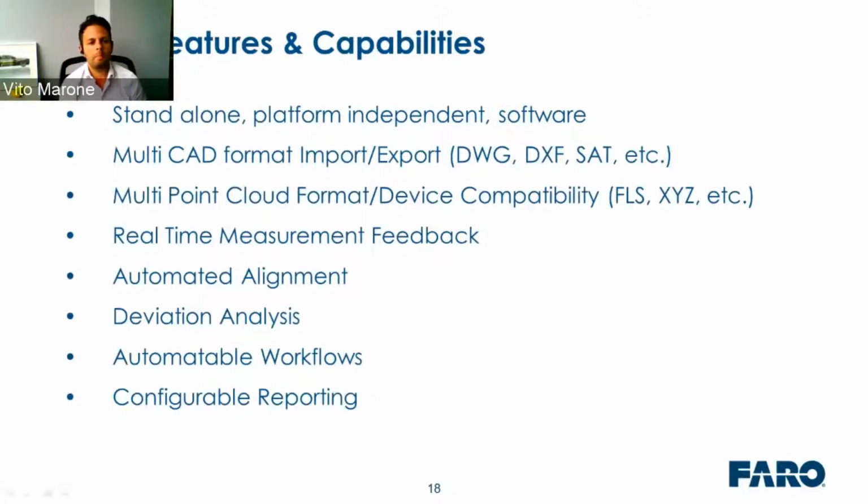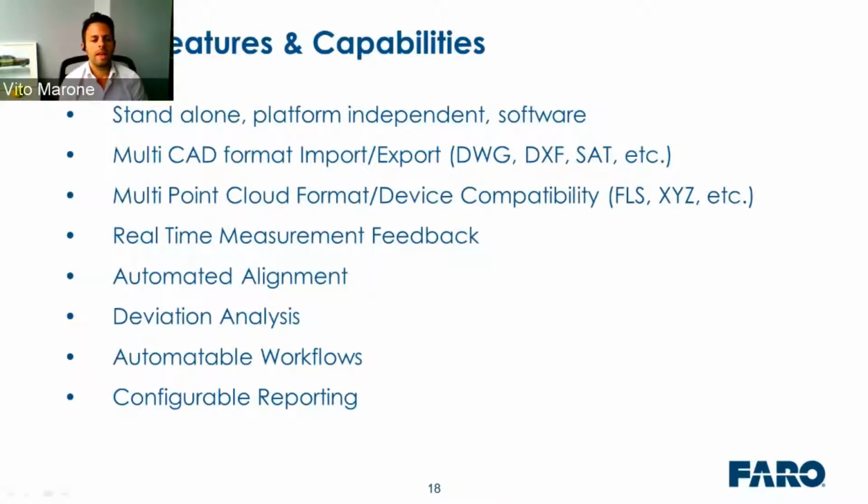In the same way, we can import measurement data from various formats. So we already have the ability to import native Faro files, FLS files, point cloud files. But not only that, we can interface in real time with measurement devices. So that allows complete flexibility.